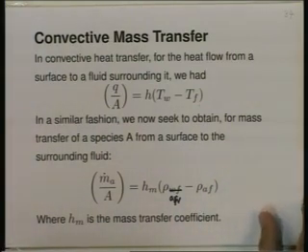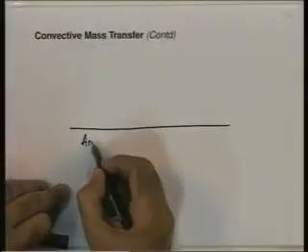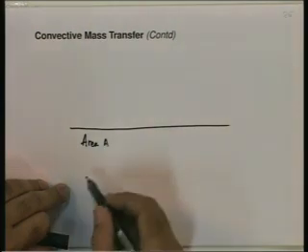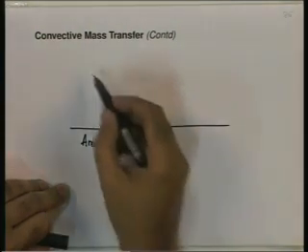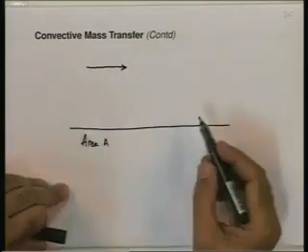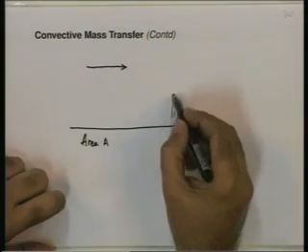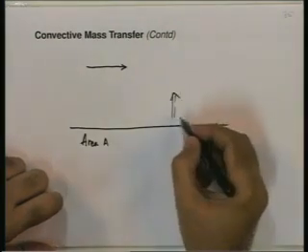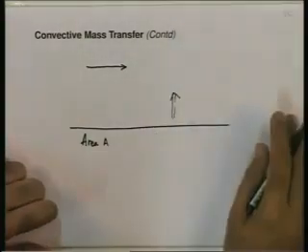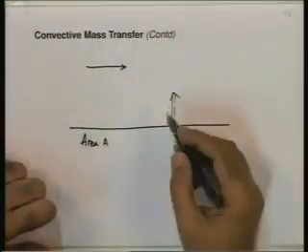Let me sketch the situation so that the ideas are clear. Let us say that we have some surface. The area of the surface is A. There is some fluid flowing, and there is a component, say A, which is getting transported from the wall to the fluid.